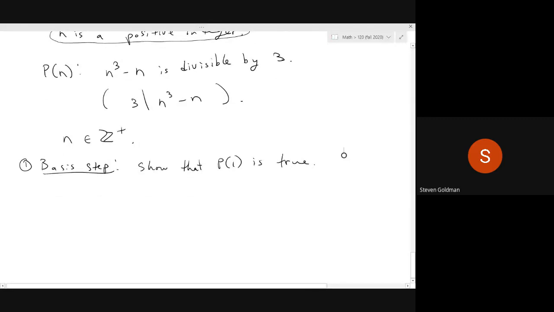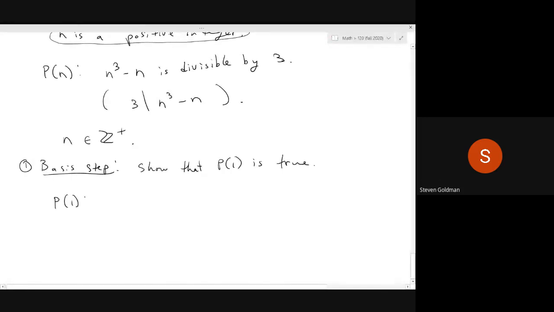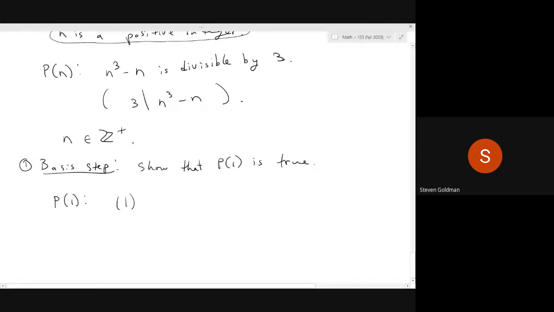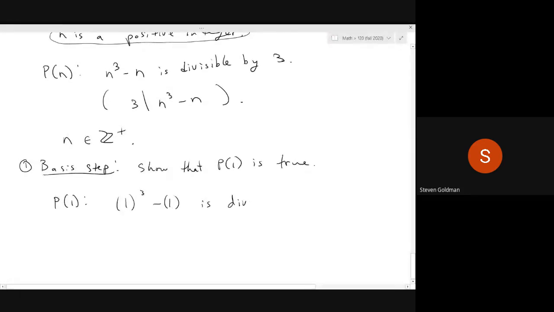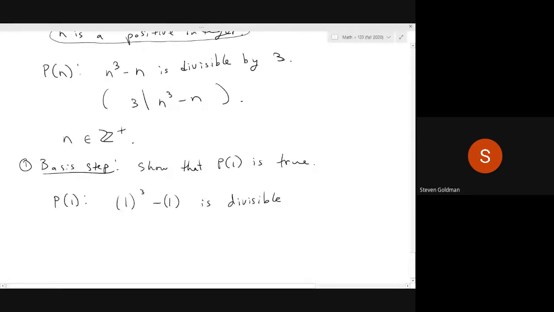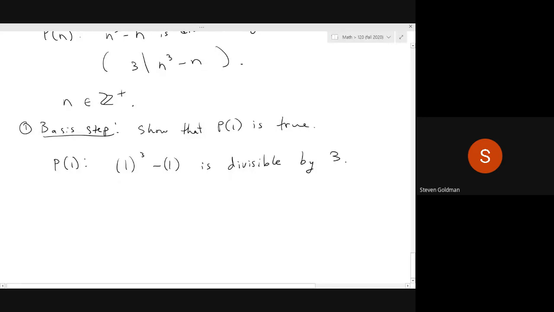So if n is 1, then P of 1 is the statement 1 cubed minus 1 is divisible by 3. Let's see. 1 cubed minus 1 is equal to 0. Is that divisible by 3?